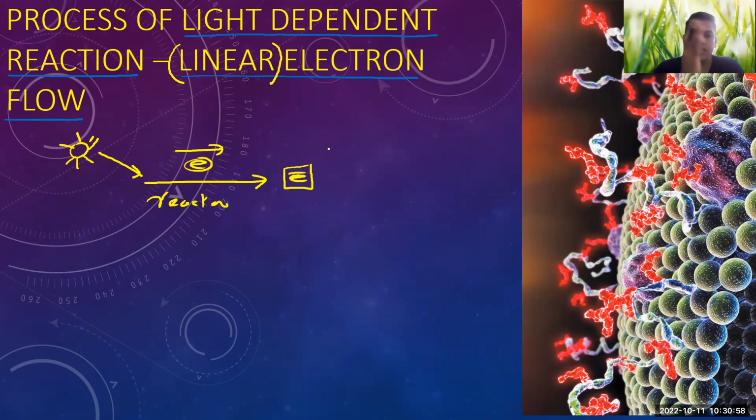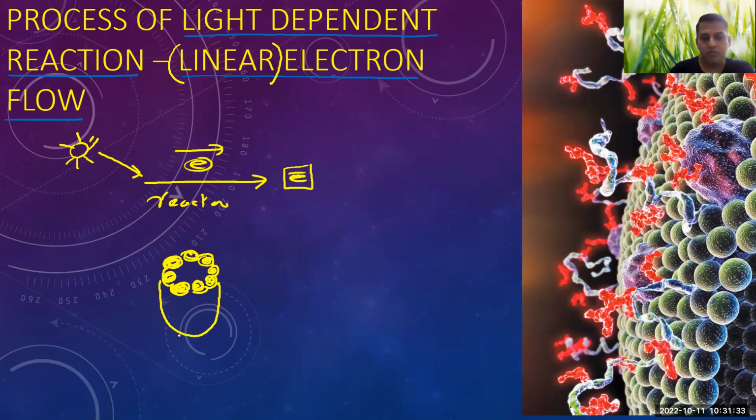So we're going to learn this step by step. In the first step, I draw here photosystem 2. This is photosystem 2. You have learned these are the light harvesting complex, and the middle is the reaction center.